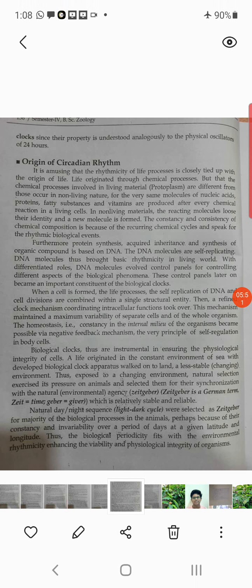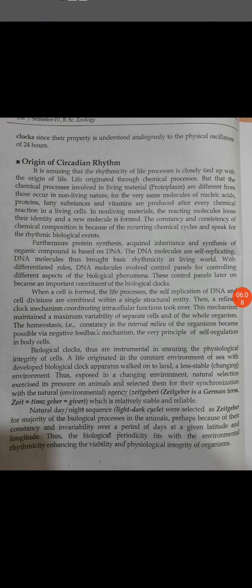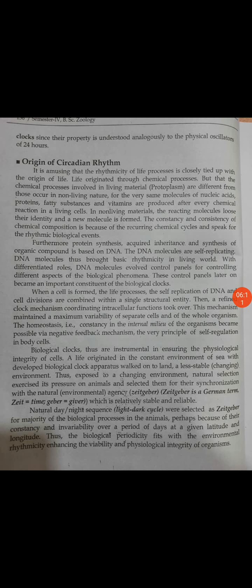The processes in the protoplasm are different from those that occur in non-living nature. Furthermore, protein synthesis, inheritance, and synthesis of organic compounds are based on the DNA. DNA molecules are self-replicating, which brought about basic rhythmicity in the living world. So to summarize, the biological clock originates from our DNA.